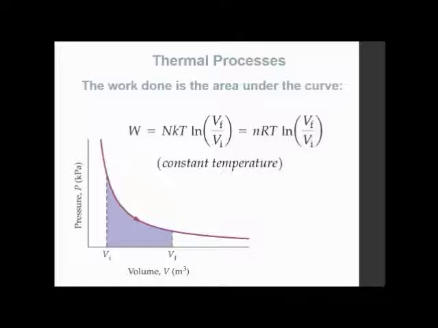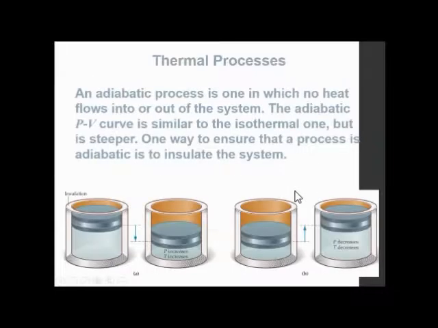If you want to consider the work done, there is a logarithmic decrease of this graph from V1 to Vf. So the work done in this case is W = nRT ln(Vf/Vi). Here n is the number of moles, R is the gas constant, T is the absolute temperature, and ln is of the final volume divided by the initial volume.